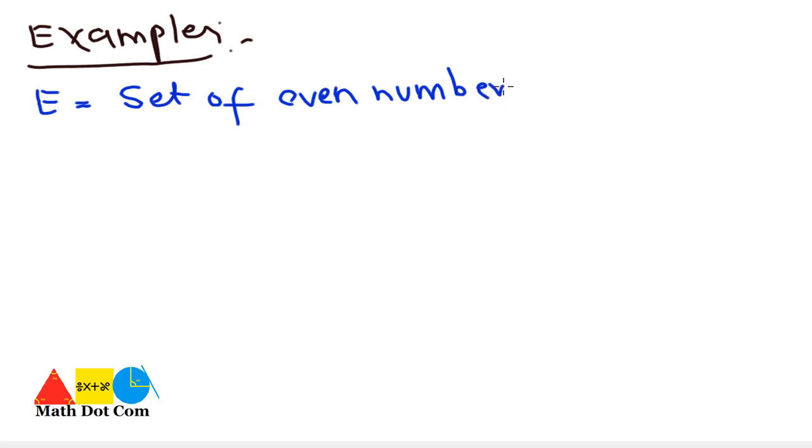It is not necessary to represent only those sets that are infinite. No, you can write any set in set builder form. Let's see how: the set of even numbers between 1 and 10. Now this is a finite set.